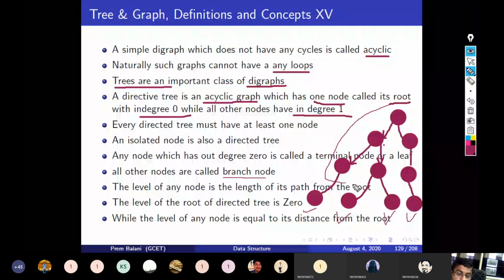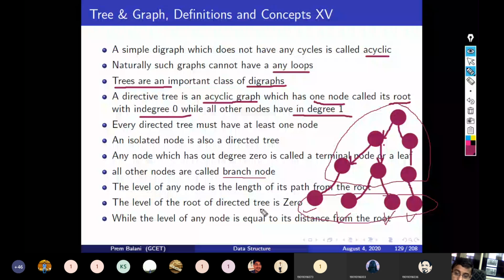A level of any node is the length of its path from the root. So any node, if you say level of that node, it is the length of that node's path from the root. So the level of root is 0. So level of this root is 0.